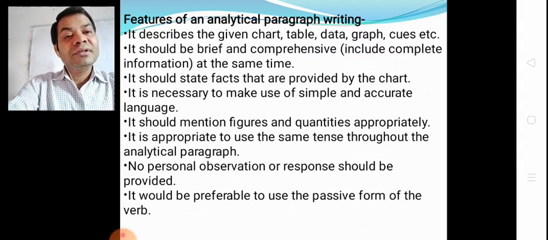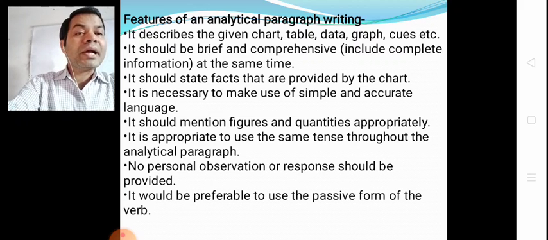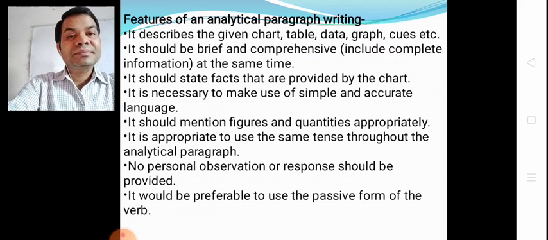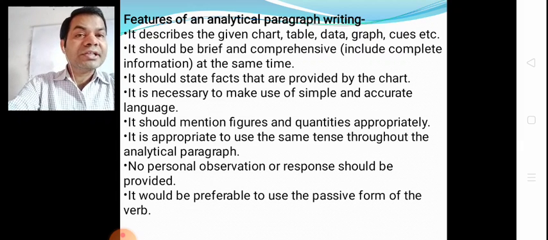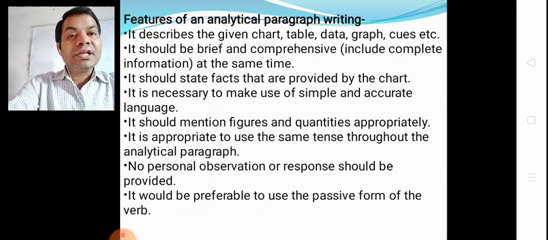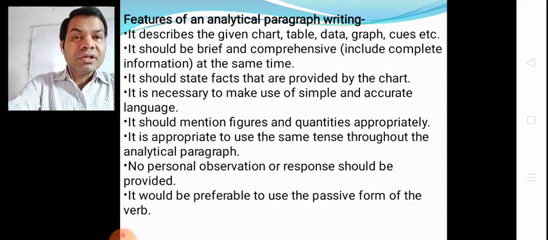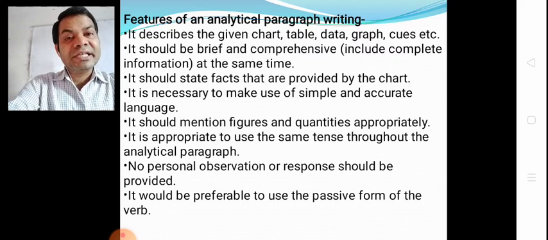It should state facts that are provided by the chart. It must include all the facts which have been indicated in the chart.